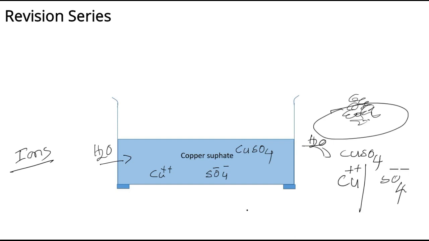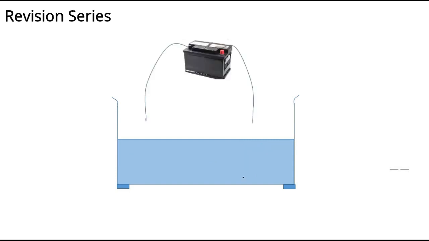So this is the status of this copper sulfate solution when water is added into it. Now at this moment, if you take a battery and put these terminals into a copper sulfate solution, what is going to happen then?